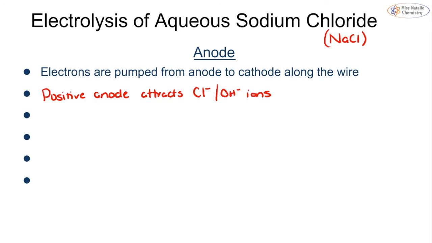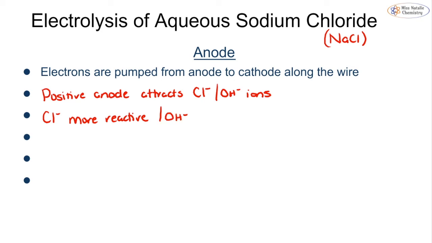Both of these are going to be attracted, and we have to then figure out which one is going to react. And we've said that the chloride is the more reactive because it's the halide. That was our rule. If we have a halide, it's going to react.